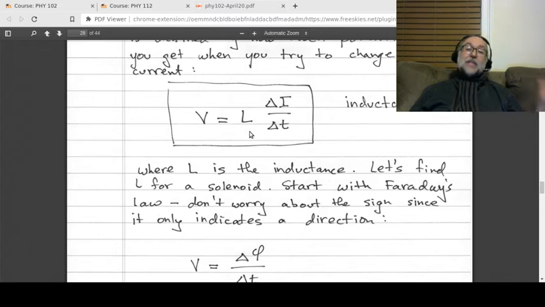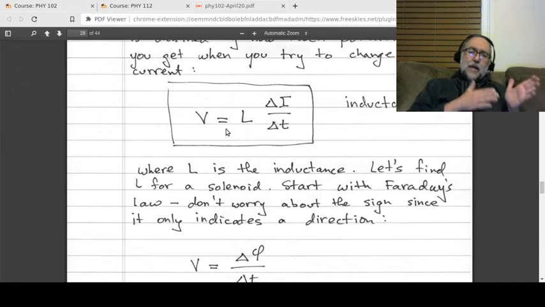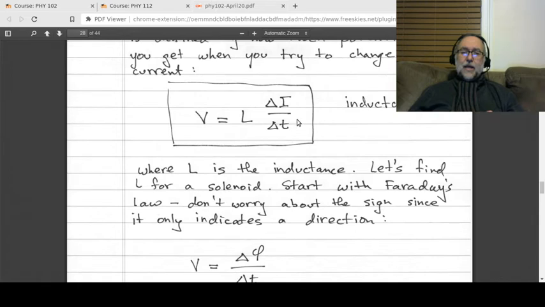I know I don't have L isolated on one side, but this equation tells you what you mean by L. L, the inductance, is the constant of proportionality between the rate at which I changes and the voltage that it induces. So if you have a very weak inductor, then you're going to need a very rapid and big change in I over time to get very little V. That's a poor inductor. A very good inductor will give you a lot of voltage for just a very little change in I over time.